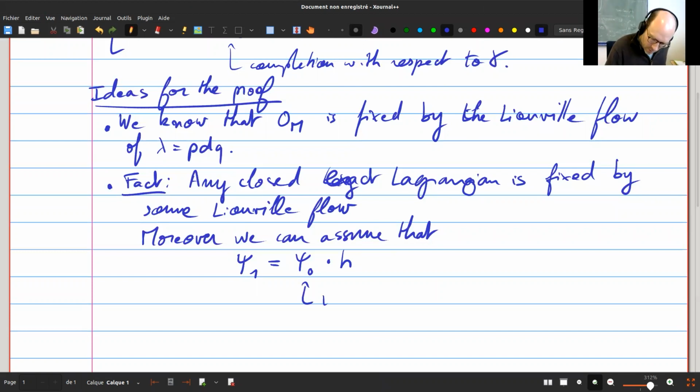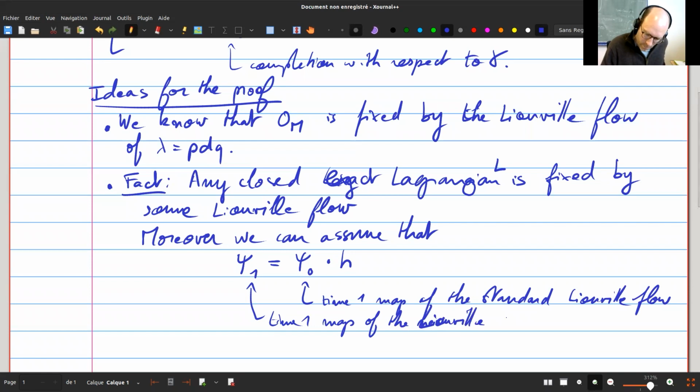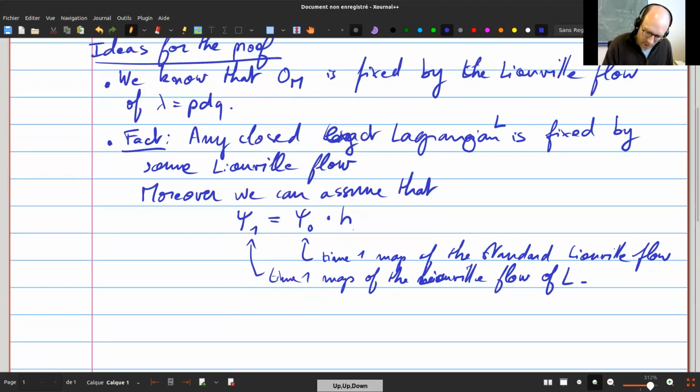So psi0 will be the time one map of the standard Liouville flow, and psi1 will be the time one map of the Liouville flow associated to L. We can assume that these two differ by a compactly supported map, so h is in D ham c of T star M. That's some elementary construction that we can do.